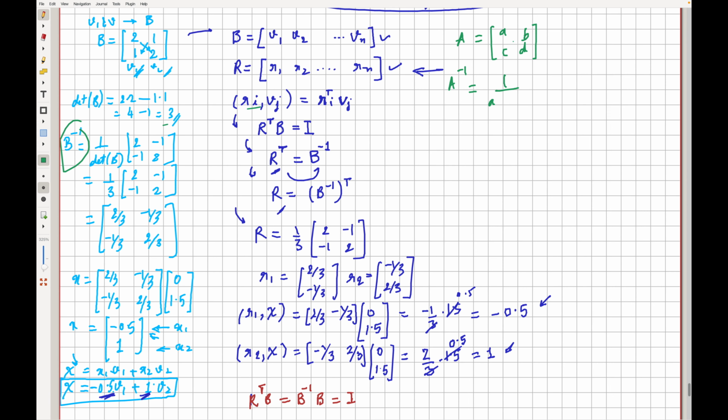So the determinant of A would be A times D minus B times C. And that's what I'm writing here, A times D minus B times C.